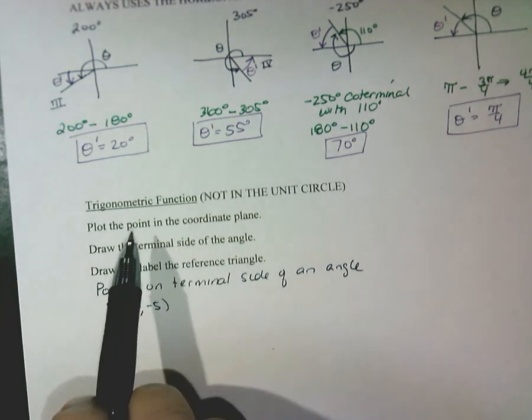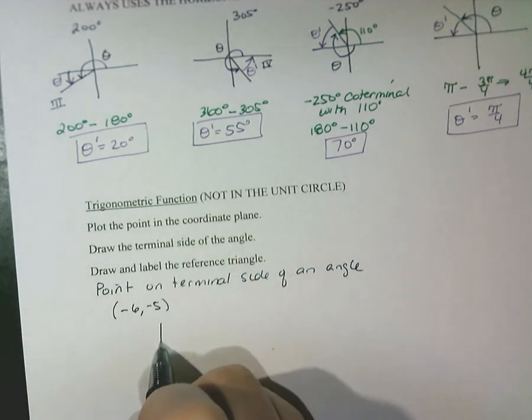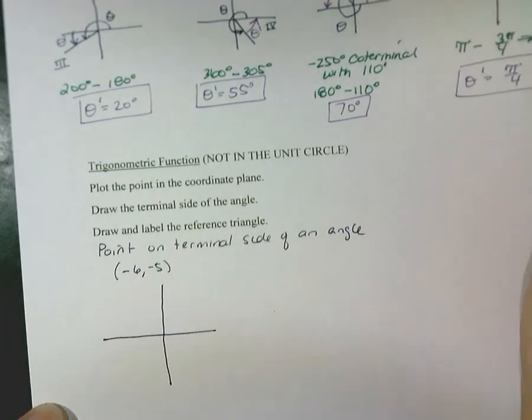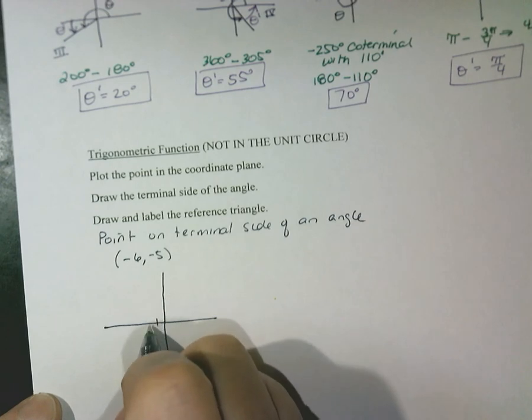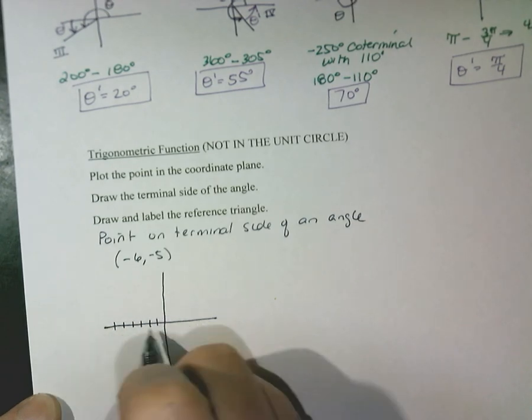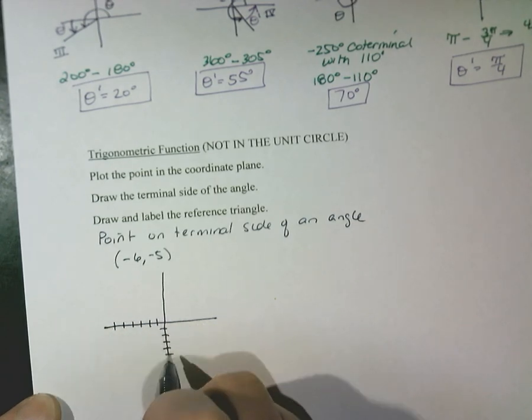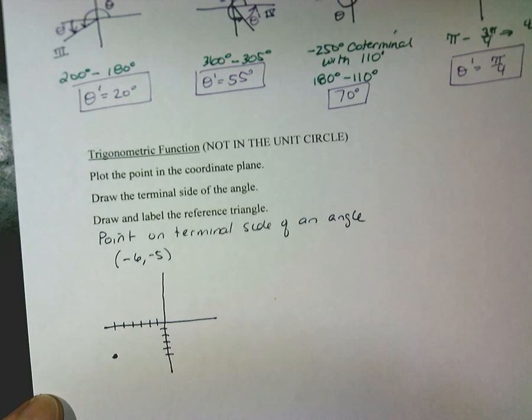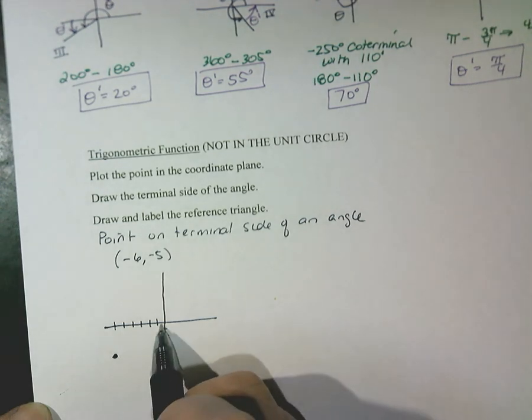So the first thing I want to do is plot the point in the coordinate plane. And I'm actually going to put the tick marks on here. So -6 left 6, down 5 is about here. I have to draw that as the terminal side of an angle. So basically this would be the terminal side of the angle that goes all the way across here.